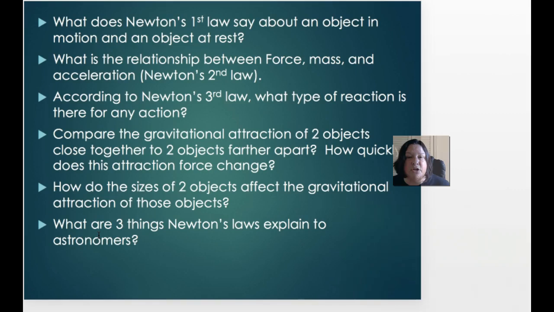And according to Newton's third law, for any action, what happens? Then they want you to be able to compare the gravitational attraction of two objects that are close together to the gravitational attraction of two objects that are far away from each other. How do the sizes of the objects affect the gravitational attraction? And then what are 3 things Newton's laws explain?